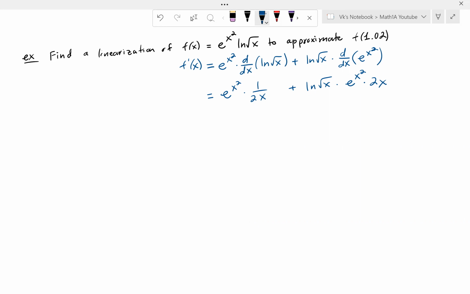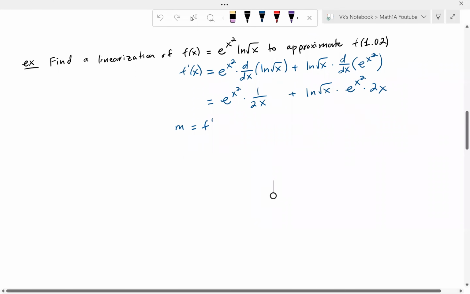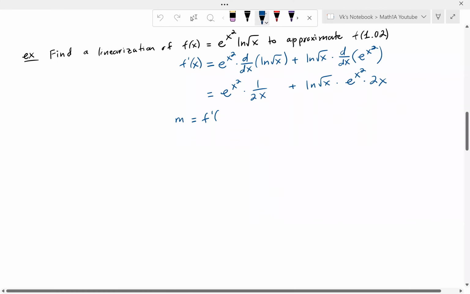The slope is m equal to f prime of, to approximate f of 1.02, we're going to use a number nearby. And a number nearby 1.02 is 1. So we need to figure out the equation of the tangent line at x equal 1.